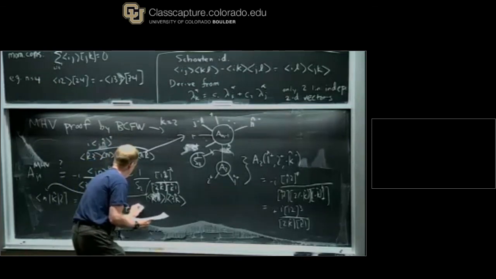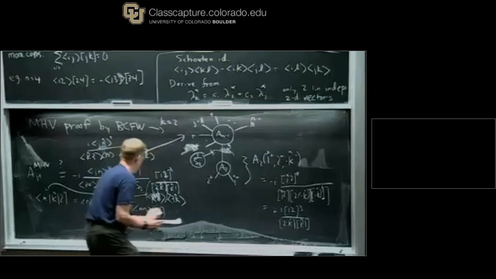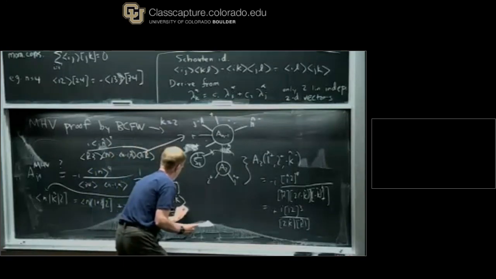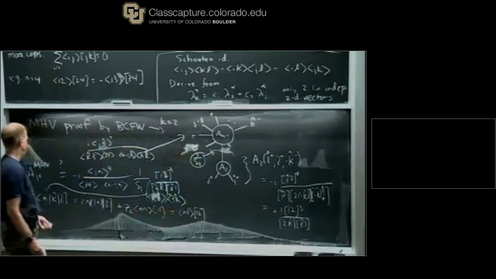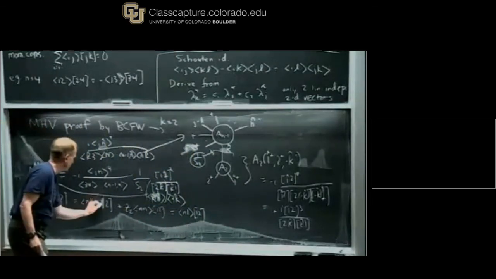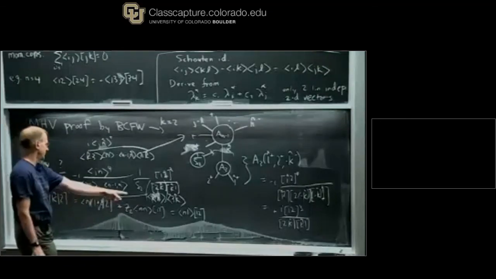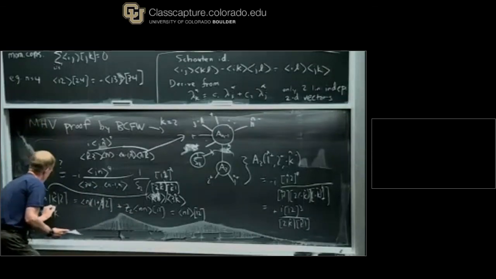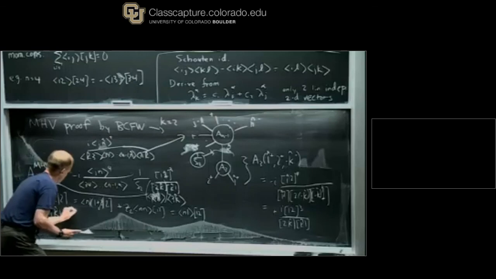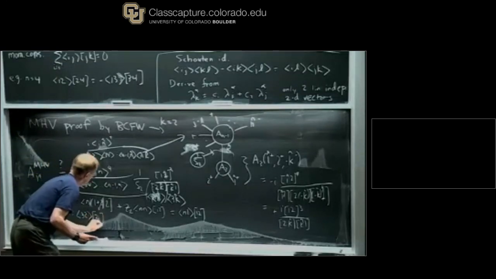But that shift was proportional to lambda n. So it turns out I don't even need to know what z2 is. And so this <n|k hat|2] is 0. So I just get this simple factor here. And similarly, <3|k hat|1] just works out to be <3 2>[2 1].